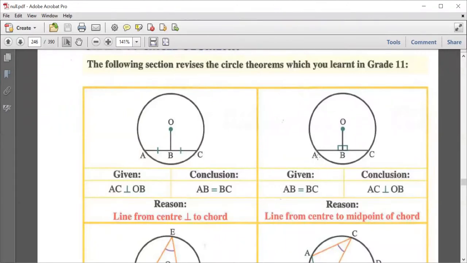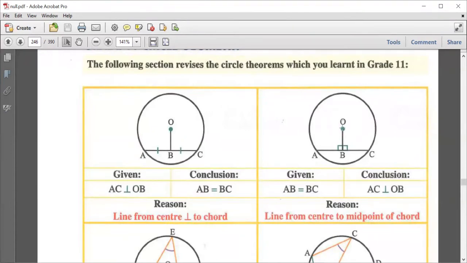So here, if AB is equal to BC, then you can conclude that the chord AC is perpendicular to the line OB. Why? Each time you give a conclusion, you need to give a reason. The reason for this is that we have a line from center to midpoint of chord.